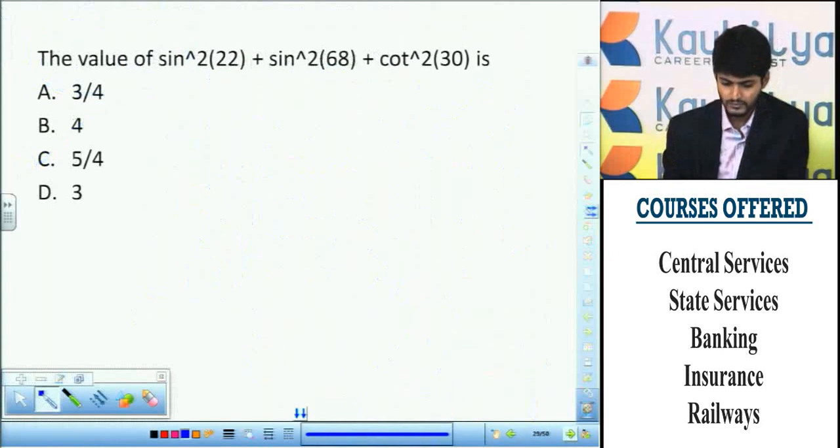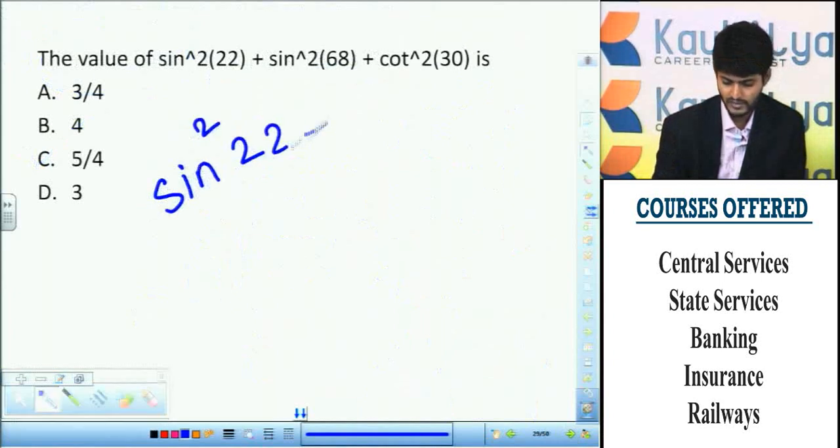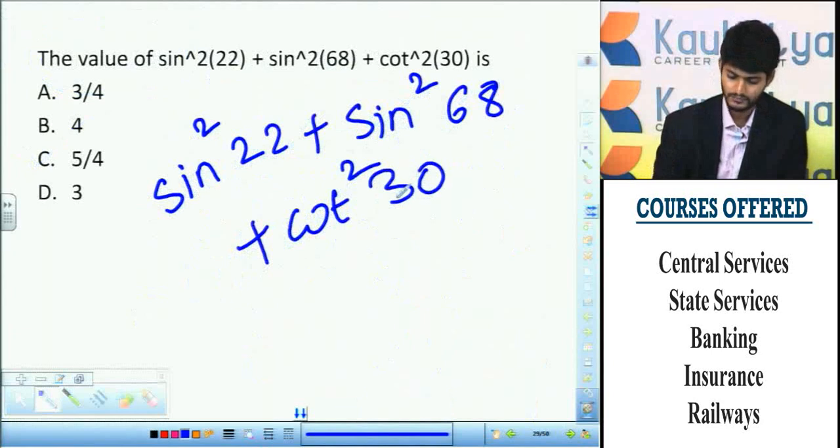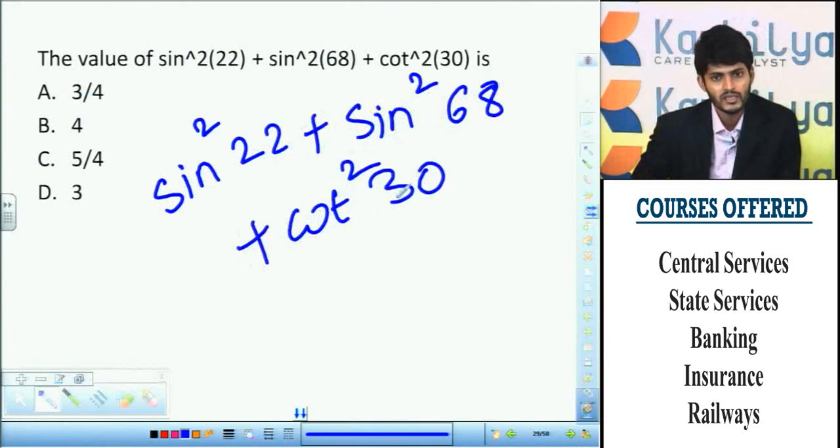Okay. Again you have sin square 22 plus sin square 68 plus cot square 30. Now the one thing that you need to remember is whenever I am doing sin of 90 minus theta, it will become cos theta, right?